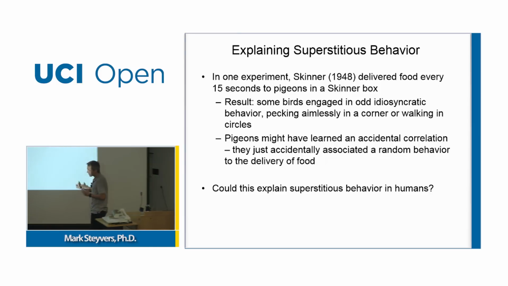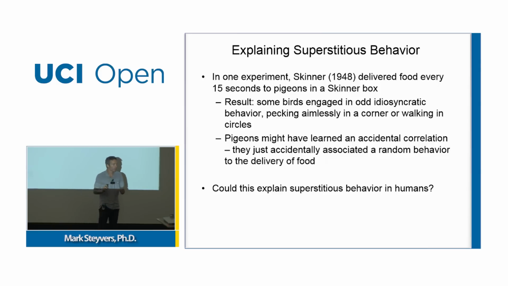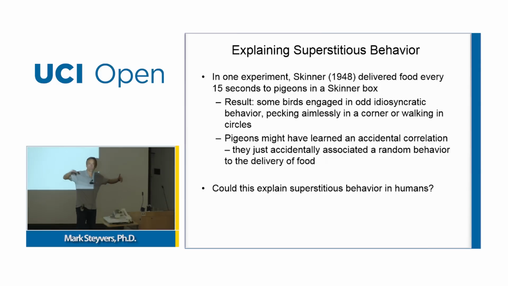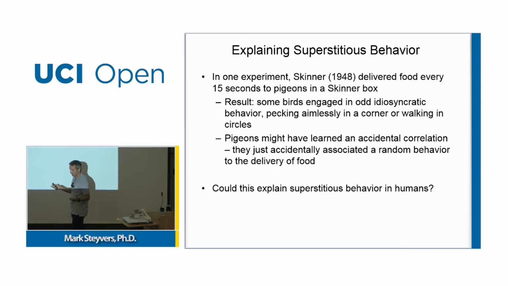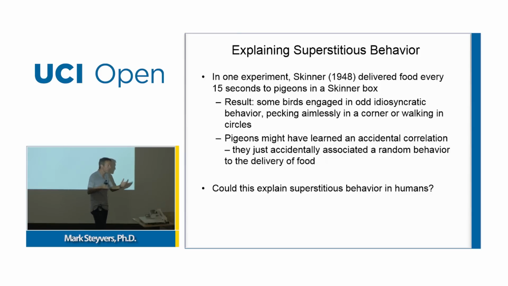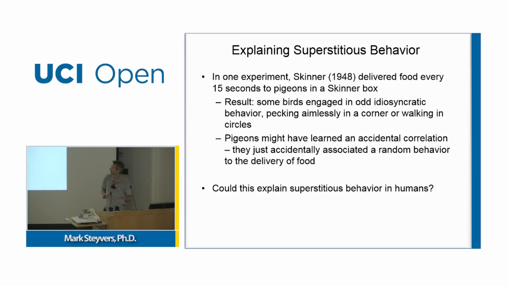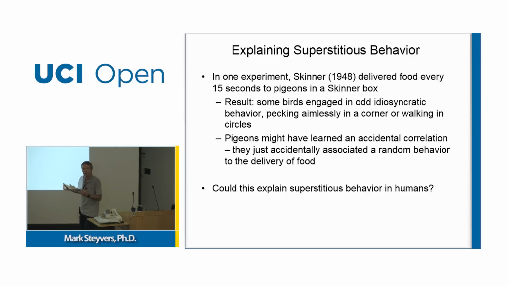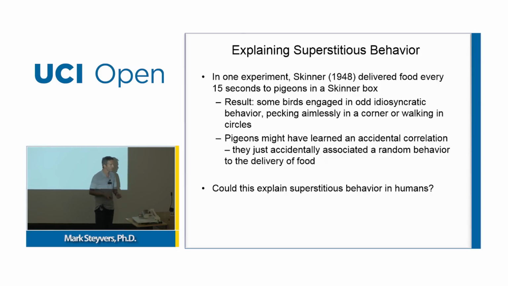So the pigeons were doing something when the reward was delivered. And this could have been a large number of things. They could have just happened to walk in a circle and then food was delivered. So the pigeon might have learned that maybe that is the way in which I can get the reward. Because there are so many possible things that you could associate with the reward, occasionally you might learn the wrong association.